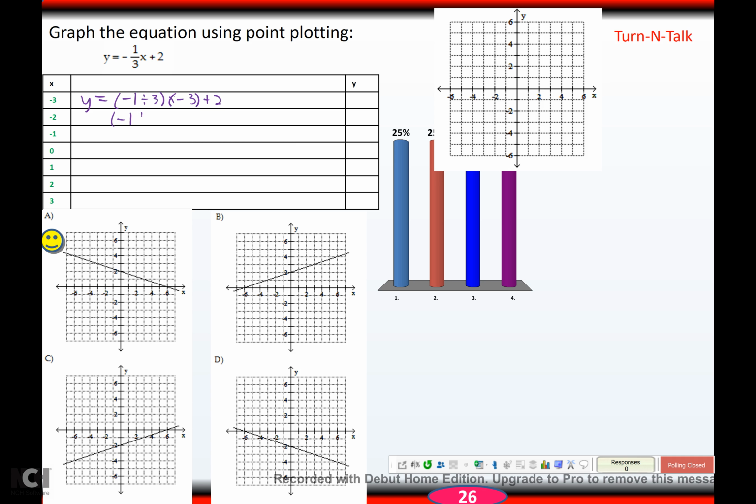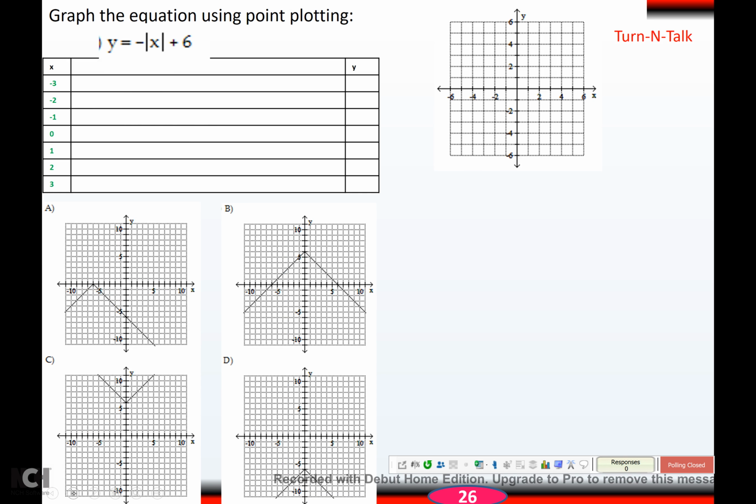Negative 1 divided by 3 parentheses negative 2 plus 2. Negative 1 divided by 3 parentheses negative 1 plus 2, so on and so forth. Get your decimal equivalents, plot them, connect them, and you got it. Okay, try this one.